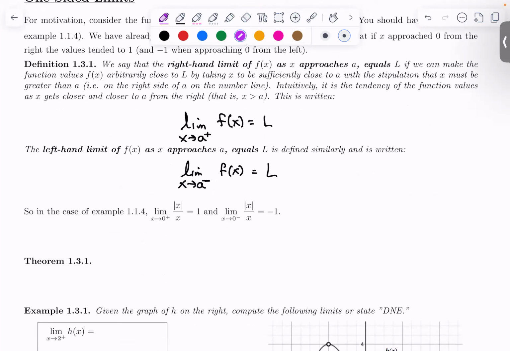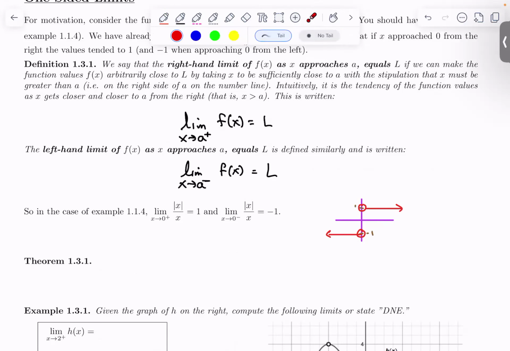So, going back to this example, the limit as x approaches 0 from the right, 0 plus, is equal to 1, if you remember the graph of it. I'm going to put the graph here so we can see it. We had 1 here, -1 here, and our function was an open circle here, open circle there, and it goes like that.